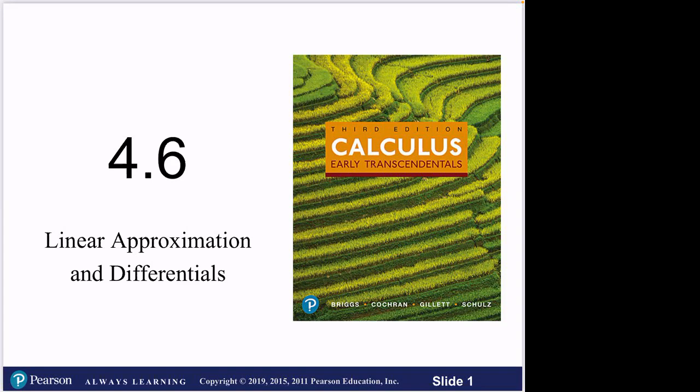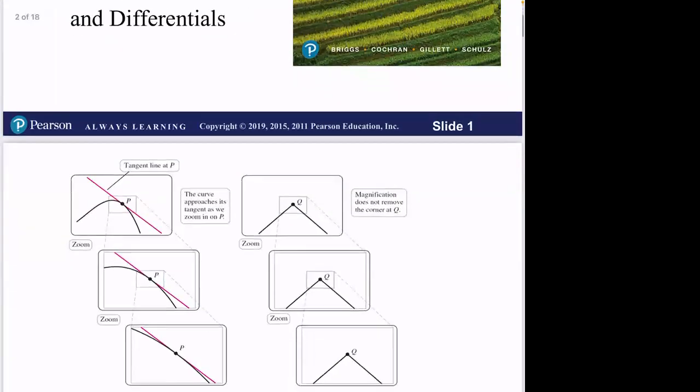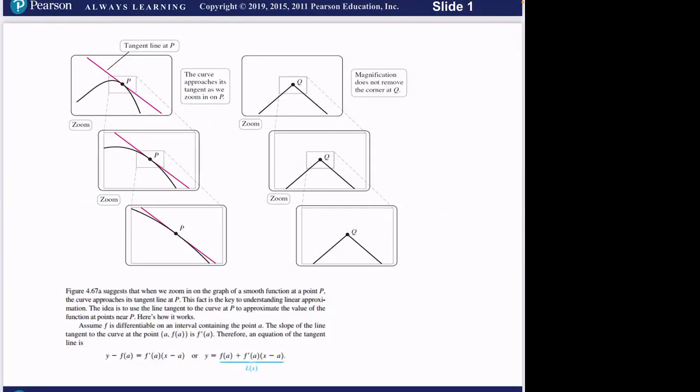So what is a linear approximation again? If you have a smooth curve, let's say you see the graph on the left hand side, meaning you are able to find the derivative of a function at some point. Just focus on this graph on the left hand side. Choose a point P, draw a tangent line at that point P, and zoom in, and zoom in, and zoom in again.